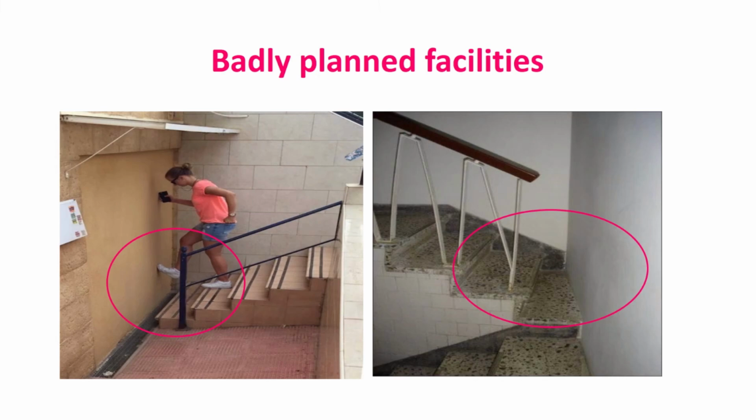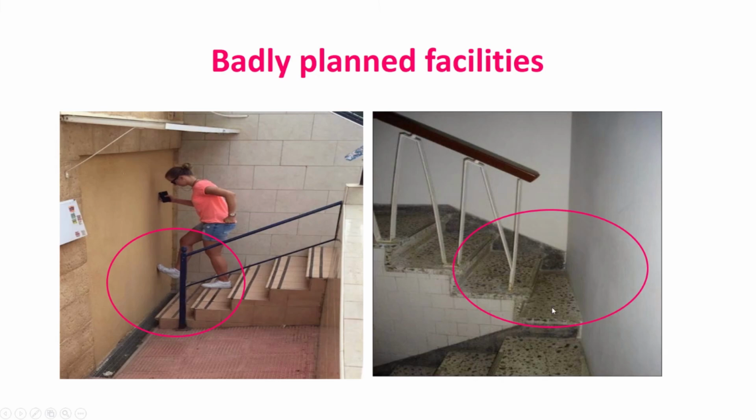As you can see in this photograph, we have provided a small staircase, but we don't have adequate space for a person to turn around, and in the front a small wall or some type of partitioning has been constructed. So we should not go for such type of facility.